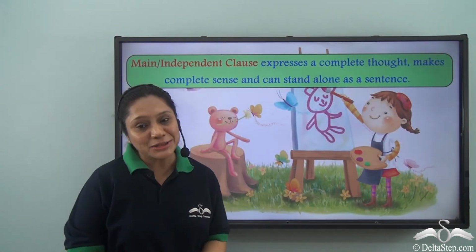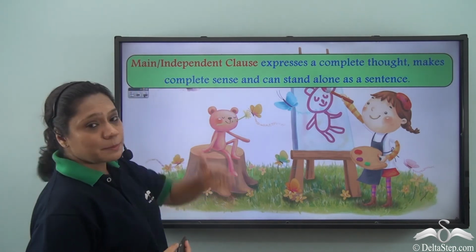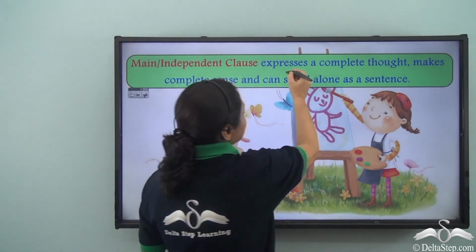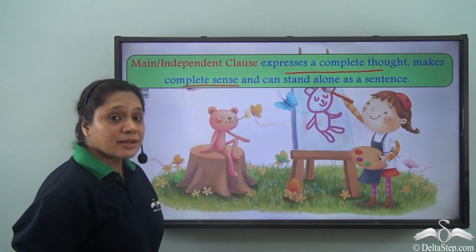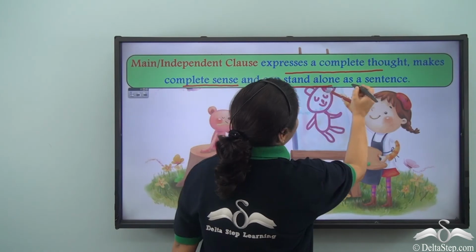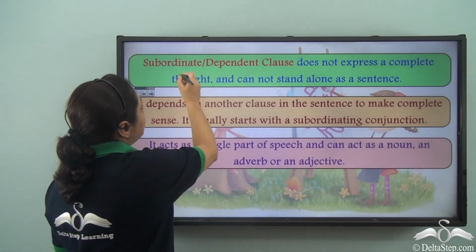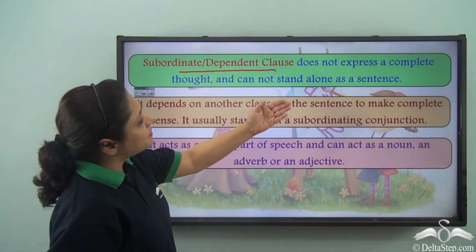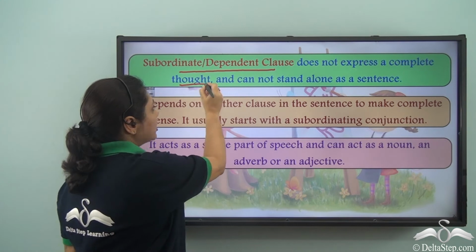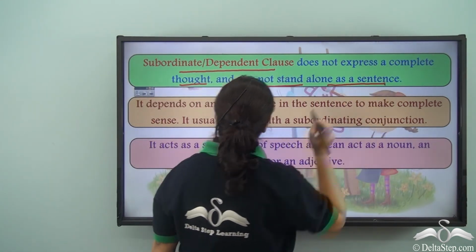So what have we learnt today? We have learnt that a main or an independent clause expresses a complete thought, makes complete sense, and can stand alone as a sentence. Whereas the subordinate or dependent clause does not express a complete thought and cannot stand alone as a sentence.